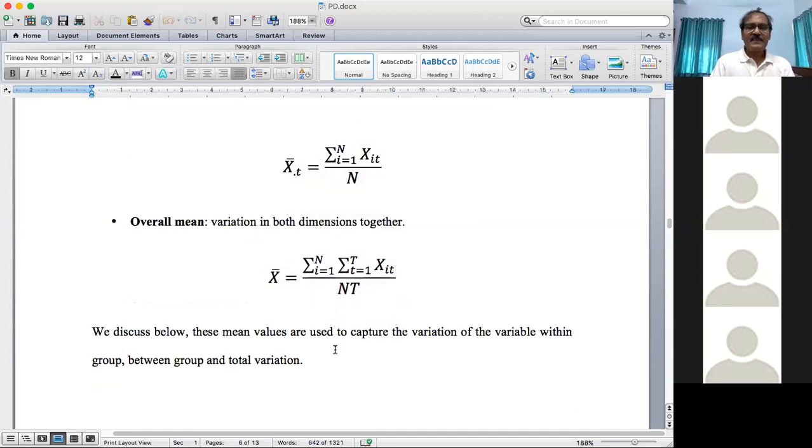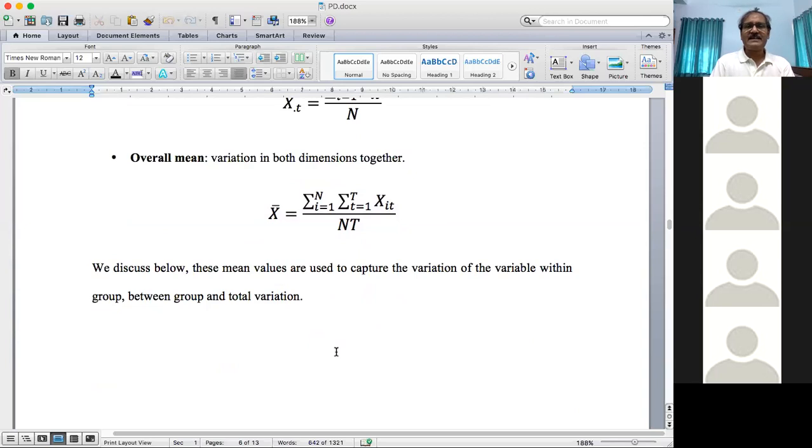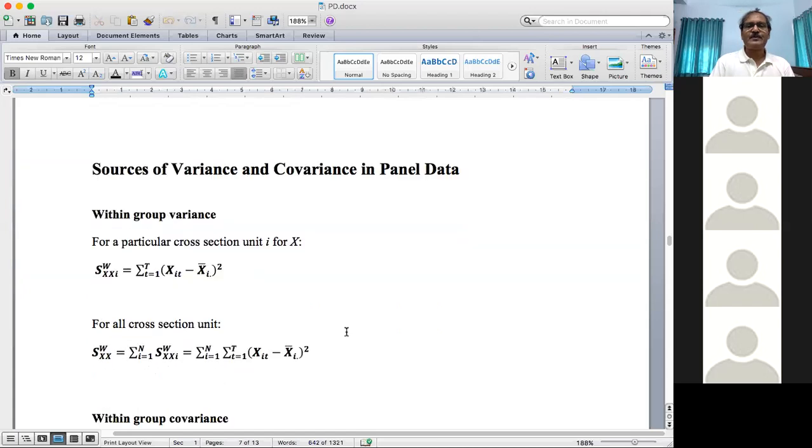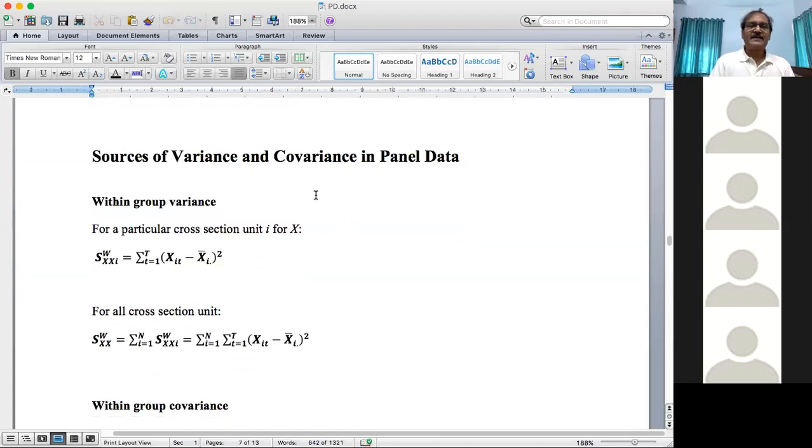Similarly, we can also calculate variance and covariance of different types if we have a panel data. So as we have three types of mean value, similarly, we can calculate three types of variance and covariance with panel data. So we start from here today, with the background that we have some knowledge about the different types of mean value we can construct on the basis of the given panel data.